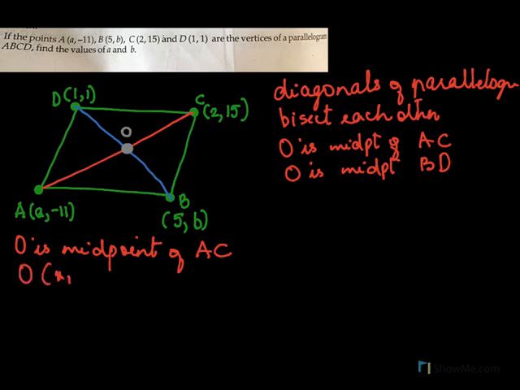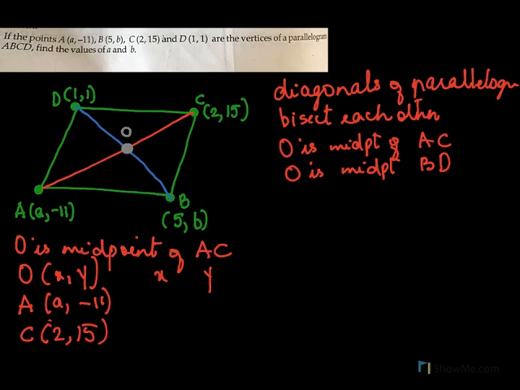So your O coordinates are X and Y. Your A we know is A, minus 11. Your B, no, in this case it's C. So our C is 2, 15.